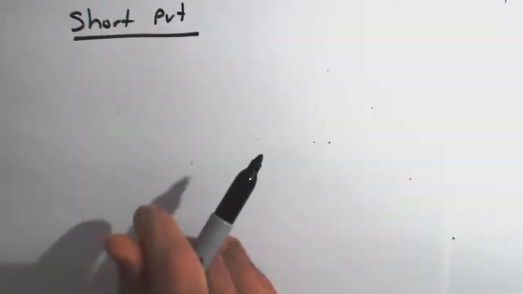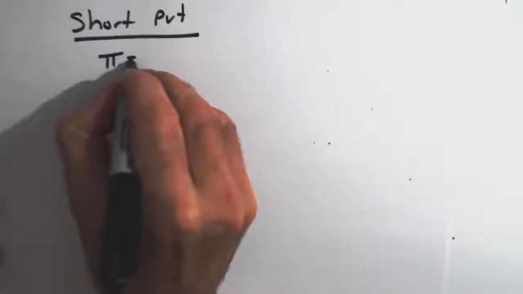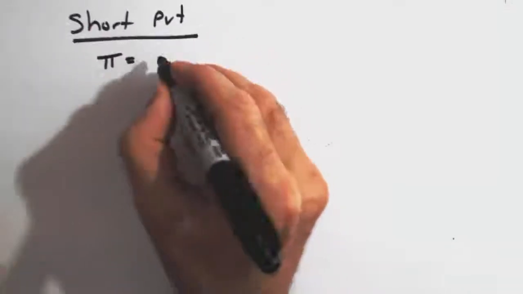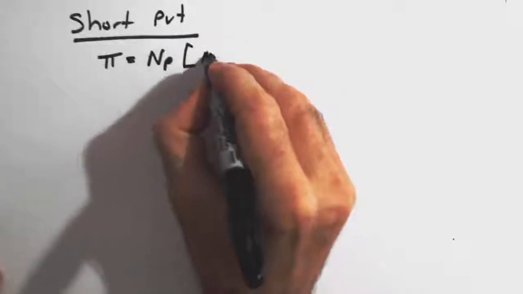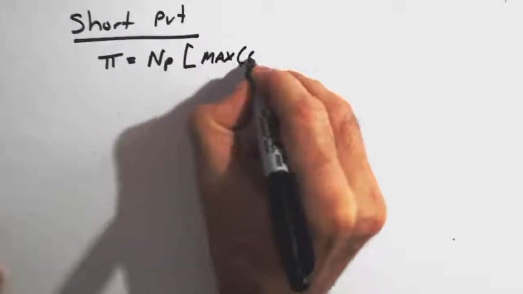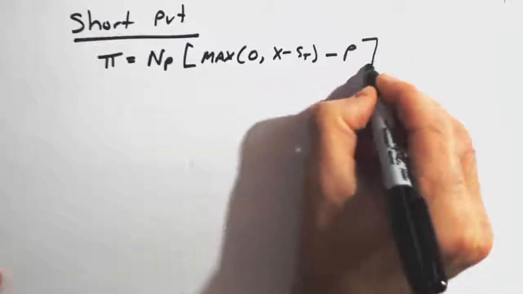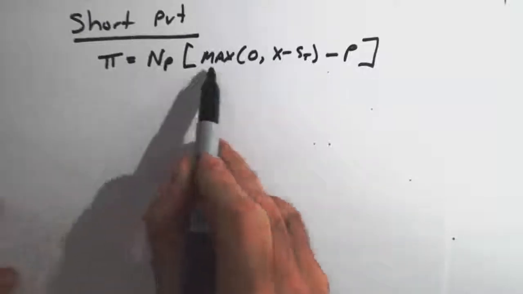Okay. Now a short put, the profit compactly looks like this. It's going to be the number of puts times the payoff minus the premium paid. Now, that's generically for a put option.